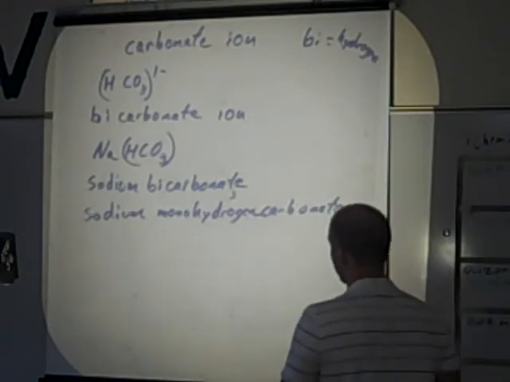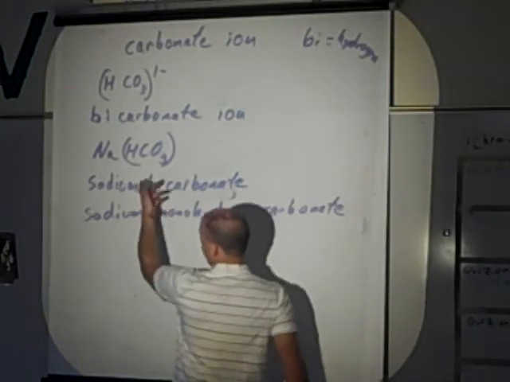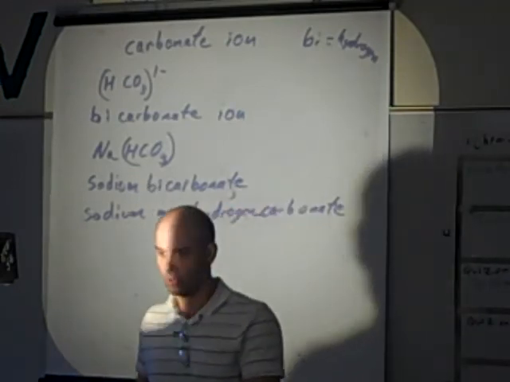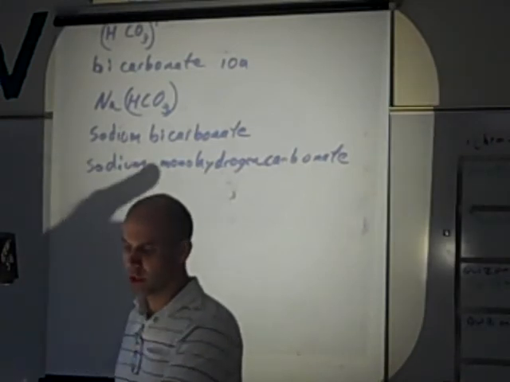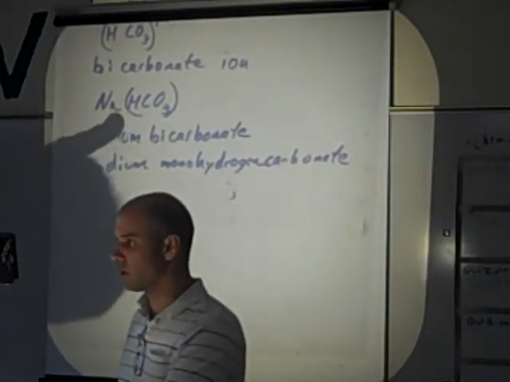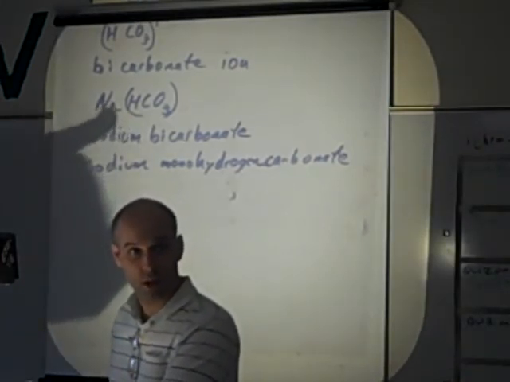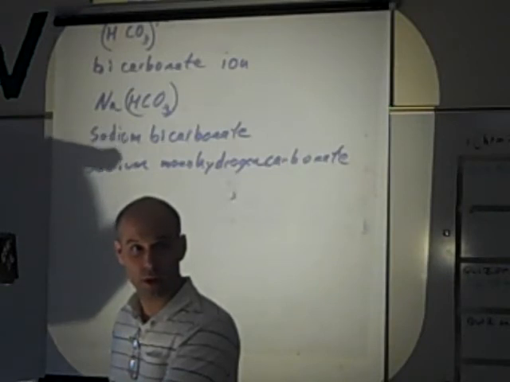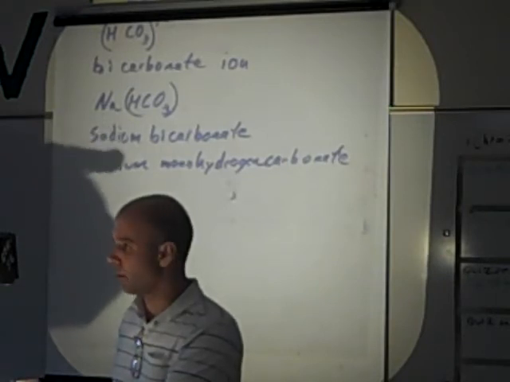It's a lot easier to just use the prefix bi. And this doesn't just have to be with the carbonate. We can do this with any one of the ones that are in passes.